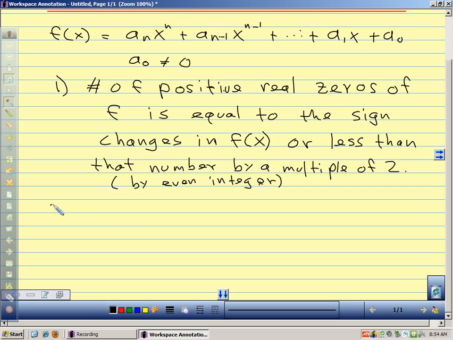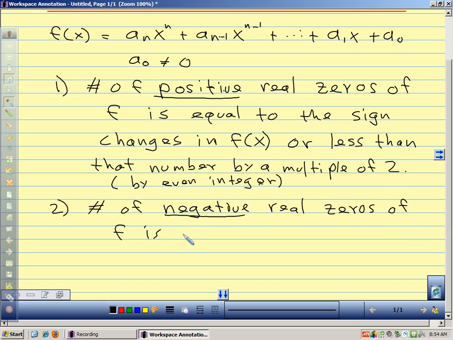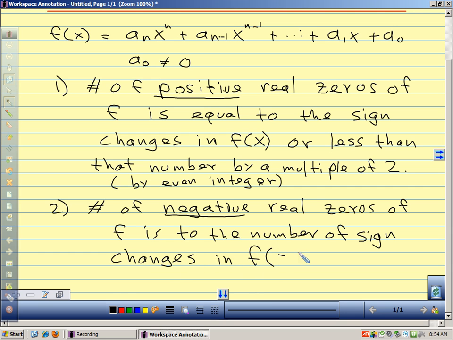And Descartes' rule of signs can also tell us that the number of negative real zeros of our function is equal to the number of sign changes in f of minus x, or less than that number by an even integer.